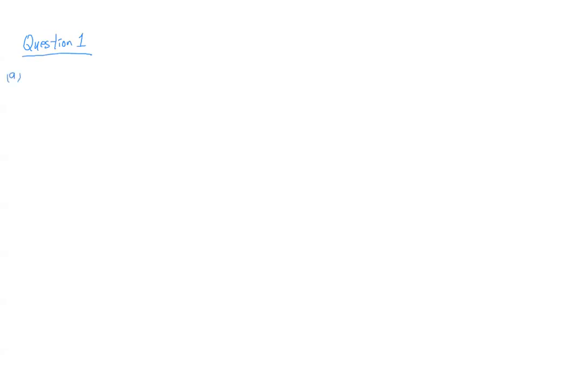Part A asks you to show that square root of p minus square root of q over h is equal to p minus q over h times square root of p plus square root of q. Okay, do you know how to show this?